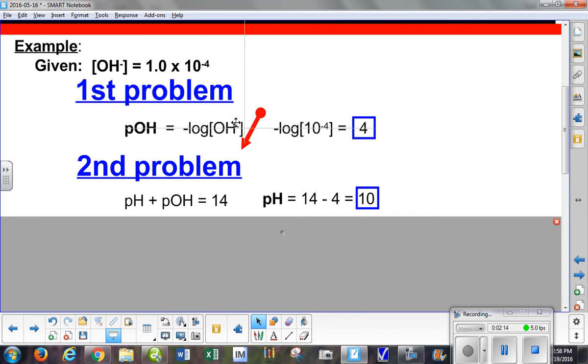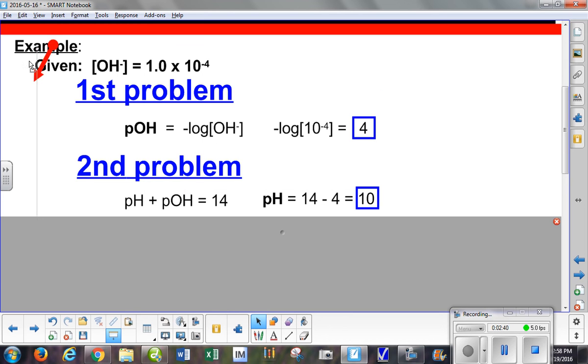Next, your job is to find, if in this case this is the pOH, we need to find the pH. And so write down that pH plus pOH is equal to 14. That's part of what you do when you do these problems. You don't have to make this stuff here, but this needs to be there.